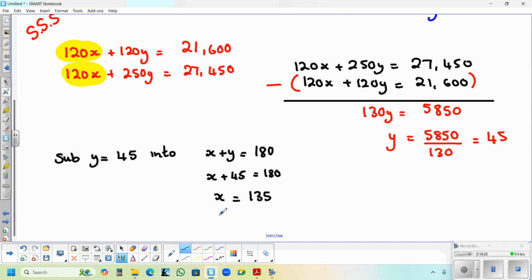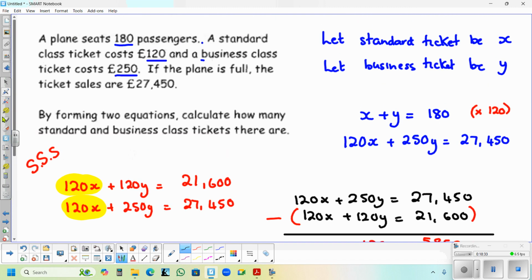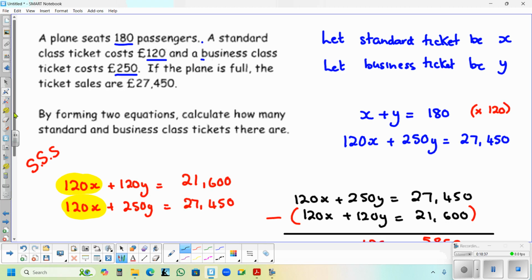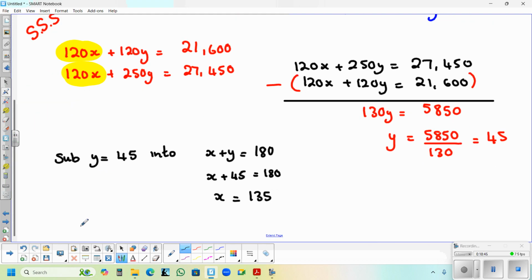Okay. Right, now, once I've done that, I've got to state what these things mean. So what did we say x was? X was a standard class ticket, okay, and it cost 120. So x was equal to the standard ticket. So we had 135 of them. So you would say x equals 135.